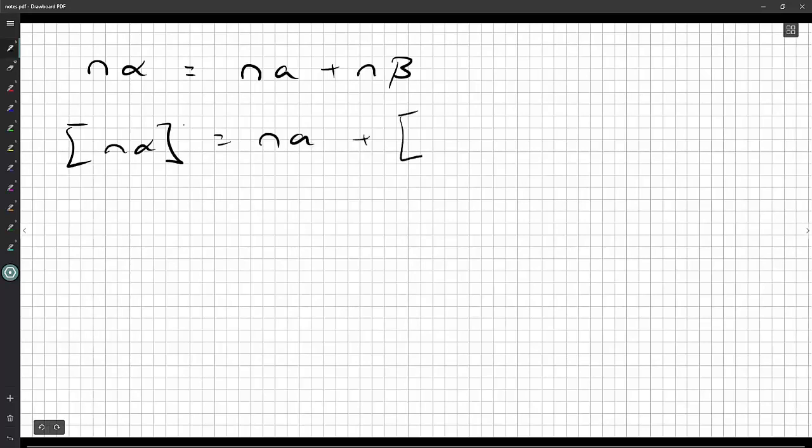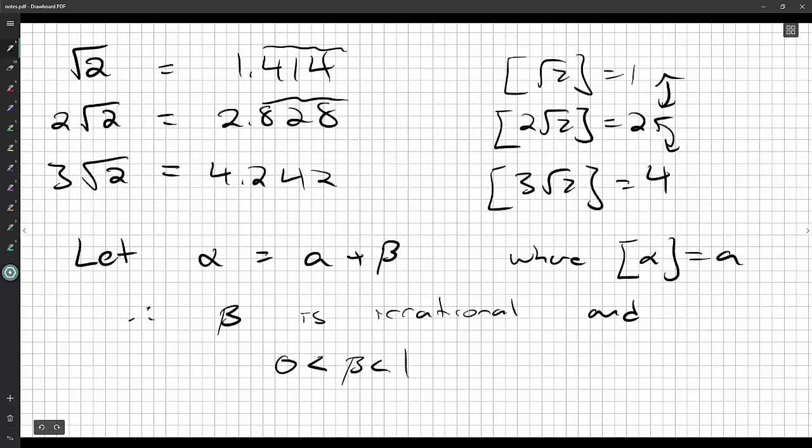Then n alpha looks like na, that's a fine integer, plus n beta. And so n alpha should just be na plus whatever the integer part of n beta is. For root 2, this beta part is about 0.414, I think the next digits are 2, 3 or something like that.